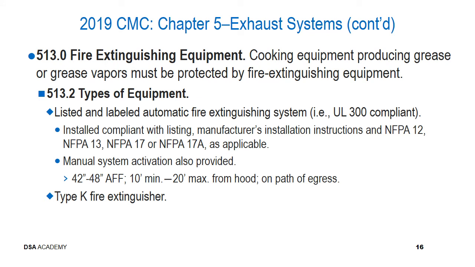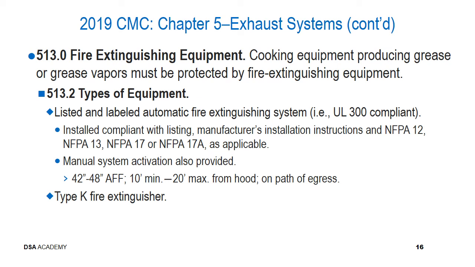Section 513 addresses the requirement for fire extinguishing equipment to be installed in Type 1 hood configurations. Obviously, since the major threat is the fact that with conveying grease or grease-laden vapors, there's always a possibility that the grease itself may actually combust.